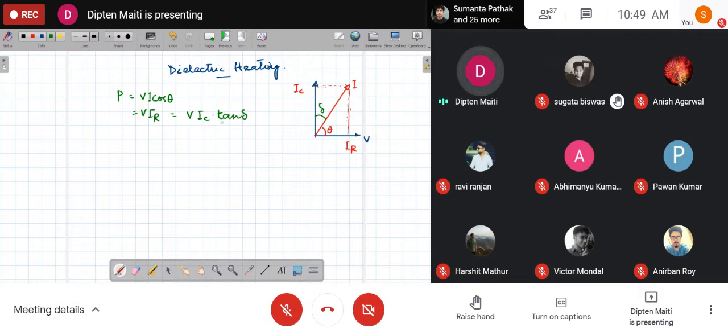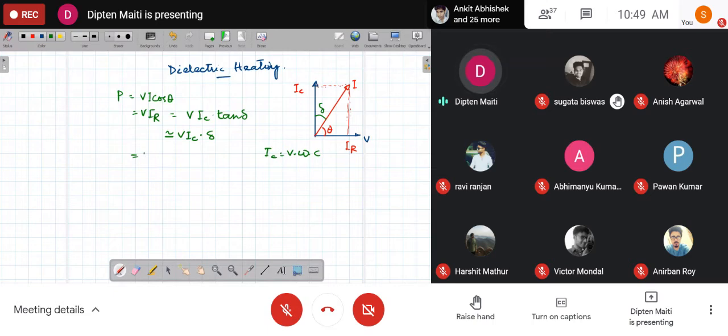Now, even for a very bad capacitance, the delta is usually very small if you consider from the trigonometric point of view. So in that case, we can simplify this as V into IC into delta. So now what is IC? IC is equals to V into omega into the capacitance.